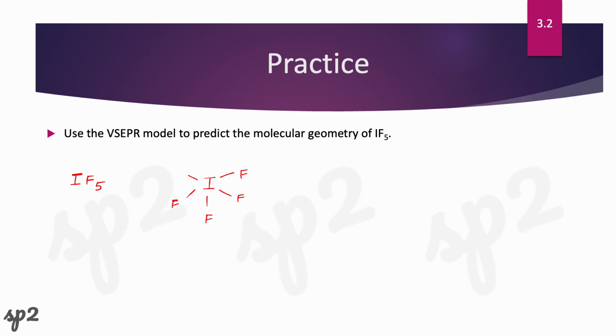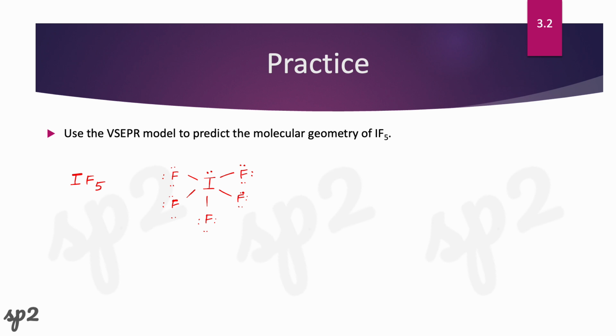Your halogen, I, has 7 valence electrons, so I'm going to have a lone pair as well. And then you always need to put your non-bonding electrons here as well. There you go. So this will be your Lewis structure.